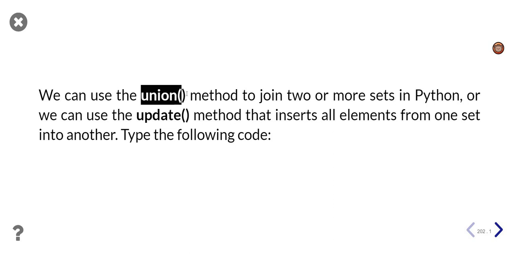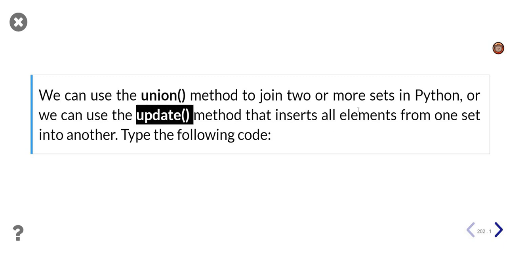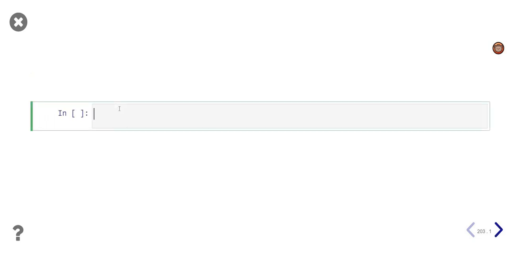So we can now use the union method to join two or more sets, or you can actually use the update method to insert all the elements from one set to another. So just to be clear, on the set you cannot replace or substitute because there is no indexing, but you can add and you can remove. So let's type the following code.